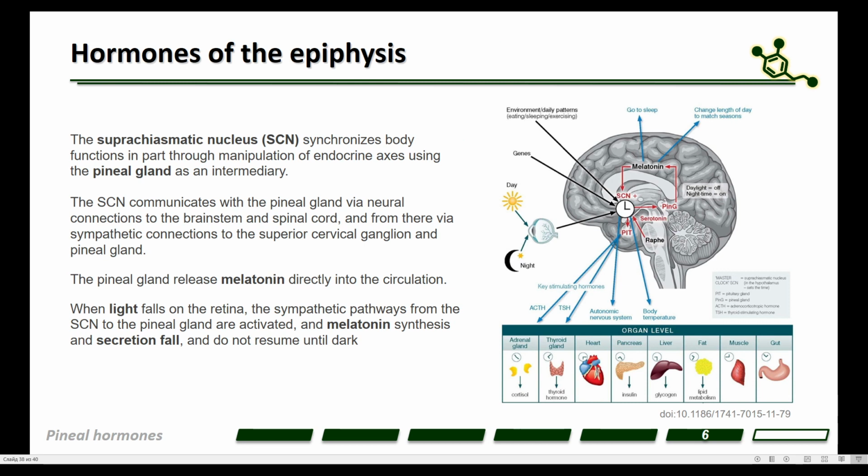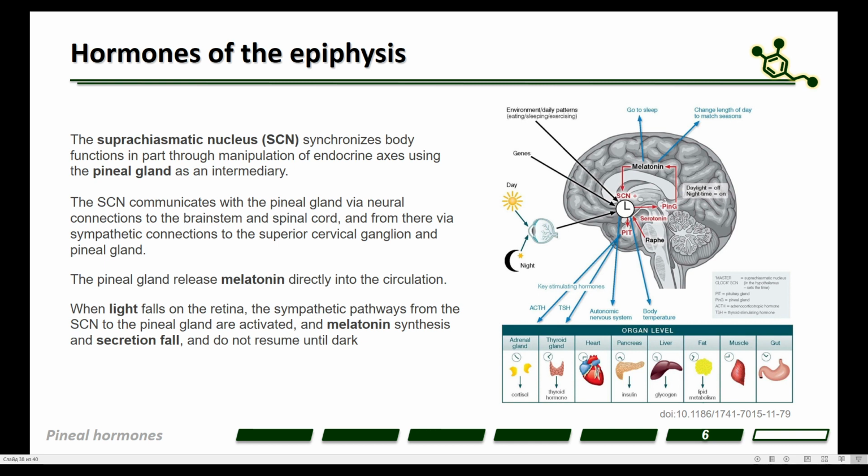Now, one more question which we have to discuss is about hormones of the pineal gland. The pineal gland is also called the biological clock of the body because it's responsible for the regulation of circadian rhythms, or 24-hour cycles of different functions within the body, or secretion of the hormones which we are interested in today.